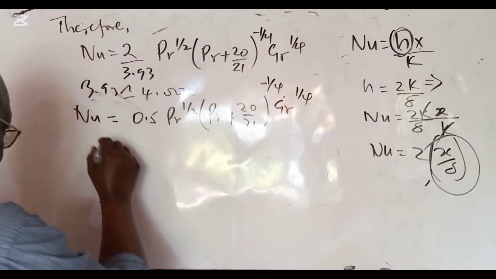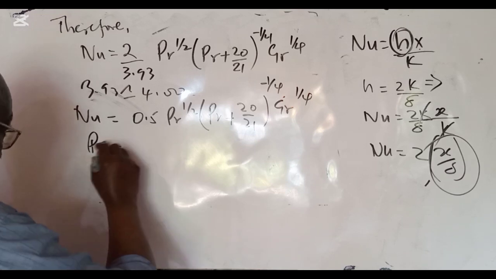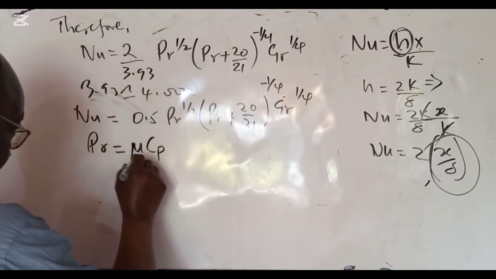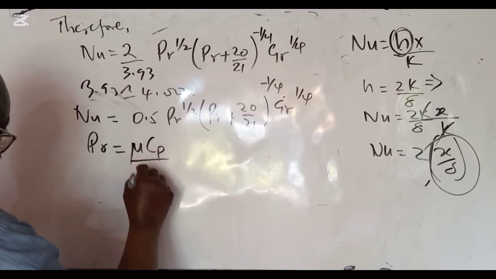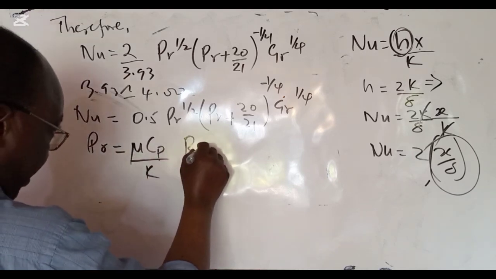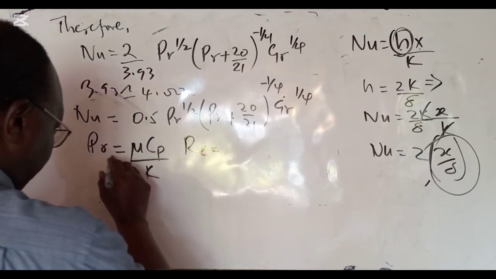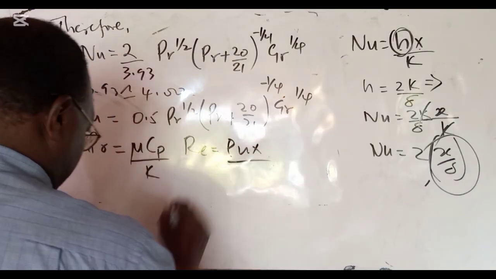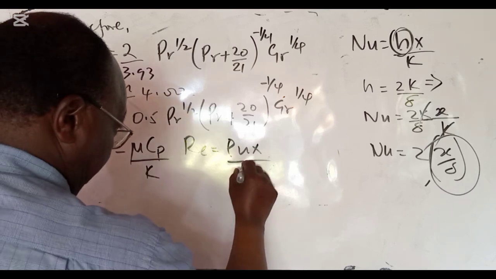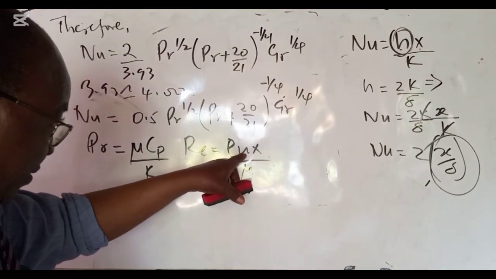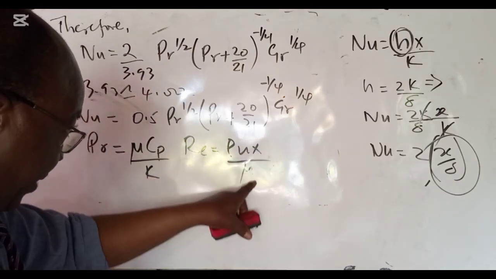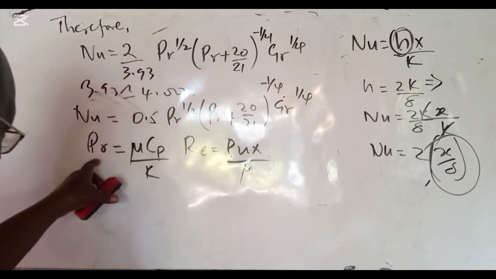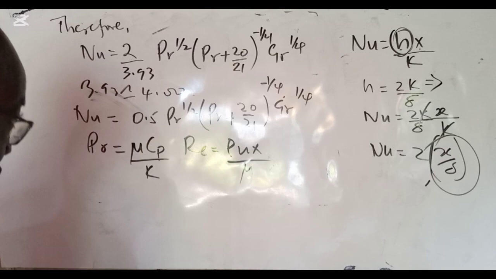And it's important to remember these things. The Prandtl number, we know, is the dynamic viscosity times specific heat divided by k. The Reynolds number, always remember, is density, velocity, length, divided by dynamic viscosity. These are very important quantities which we have now worked with.